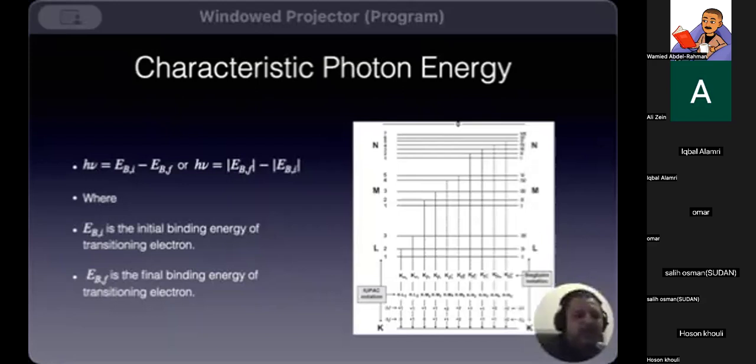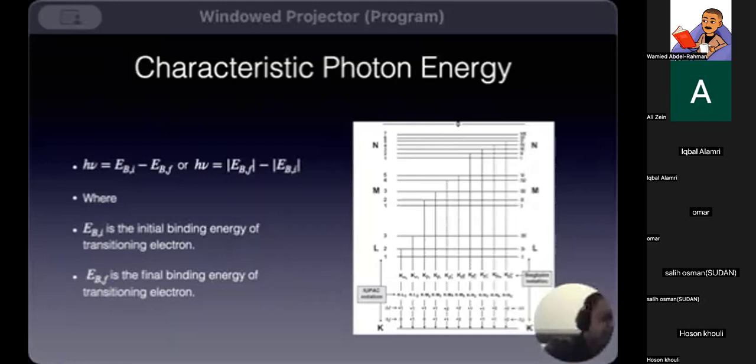Okay, in this notation, we're going to take the binding energies, which are usually written with a negative sign. Remember, for hydrogen, we have minus 13.6 for the K. I think for the L is minus 3.4. So if we're going to use a transition from the L to the K for hydrogen, this is the initial. So the electron came from the L shell.